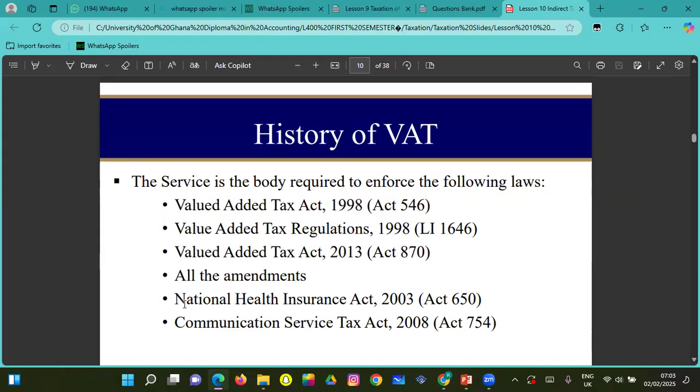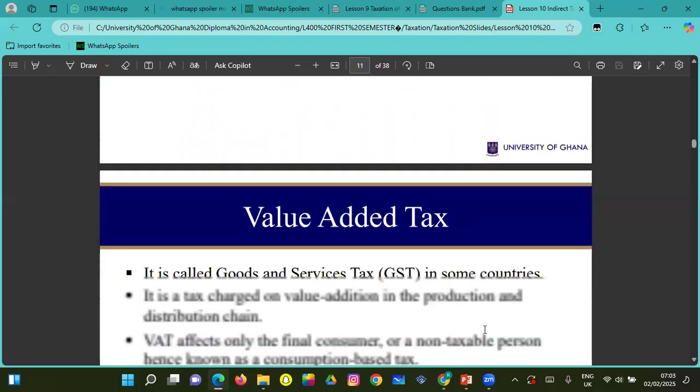Also, the National Health Insurance Act 2003, Act 650, then Communication Service Tax Act 2008, Act 754.